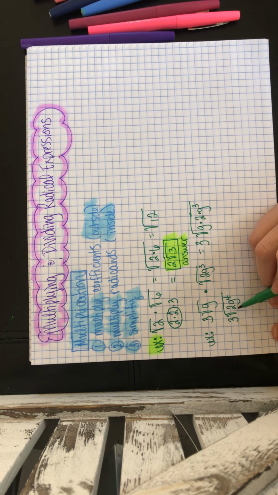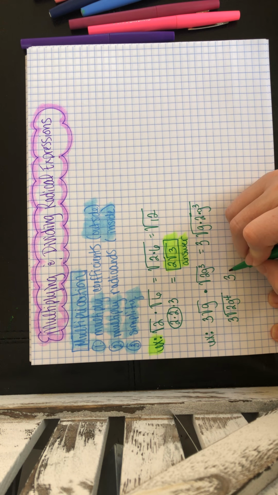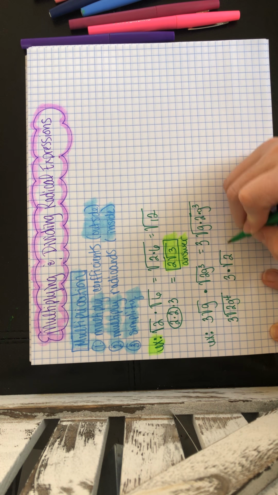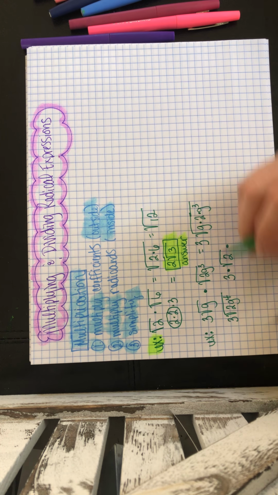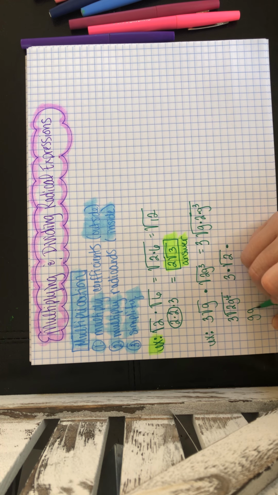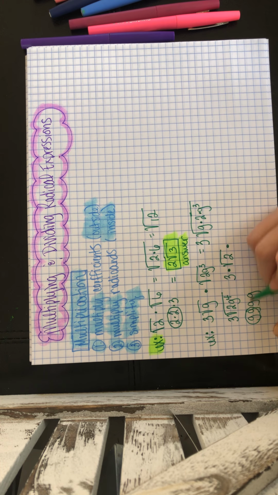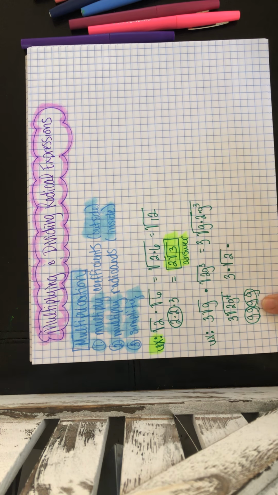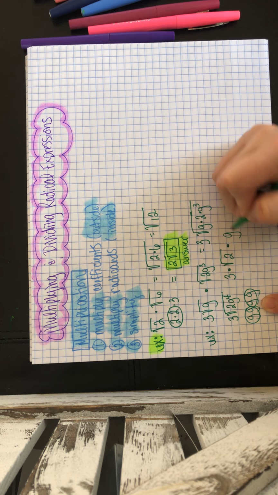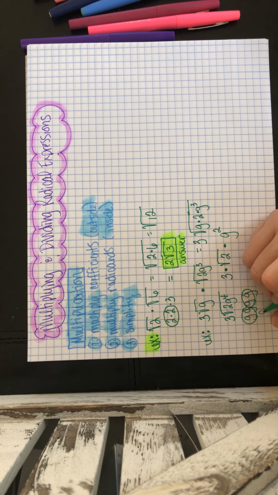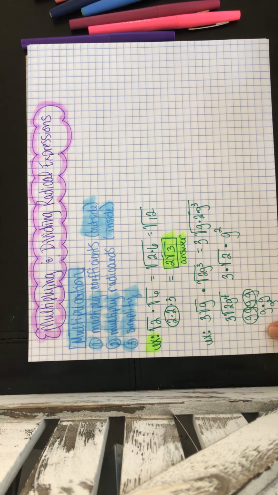So what we want to do, we know that 2 is already simplified. So now we have 3 times the square root of 2 times, here g to the 4th is g times g times g times g. So we end up getting 2 pairs of g's, so that gives us g to the 2nd. Because this is the same, remember, as g times g, which is how we get g to the 2nd.